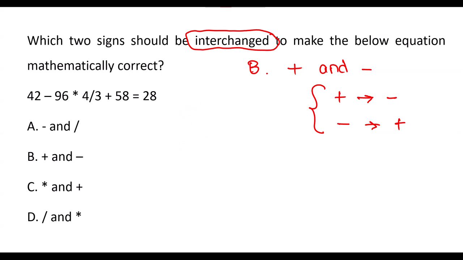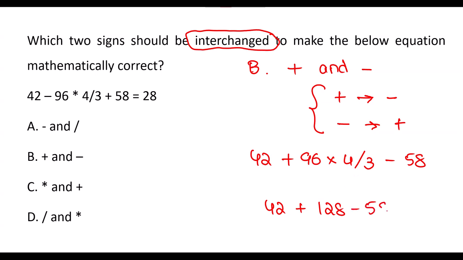As per option B, 42 minus 96 multiplied by 4 divided by 3 minus 58: minus means plus, plus means minus. This is 42 plus 32 into 4 is 128. 128 minus 58 is 70. We got 112. It's not option B.